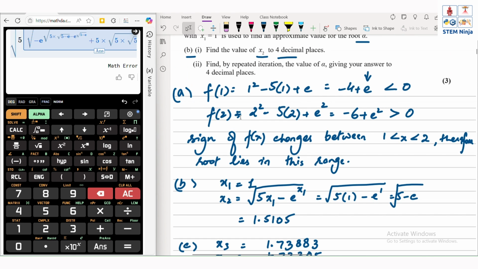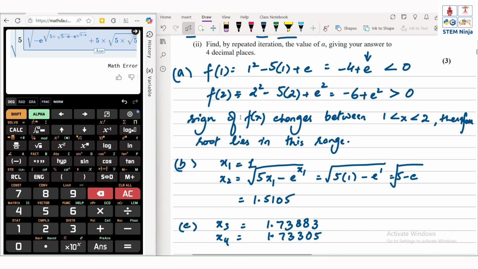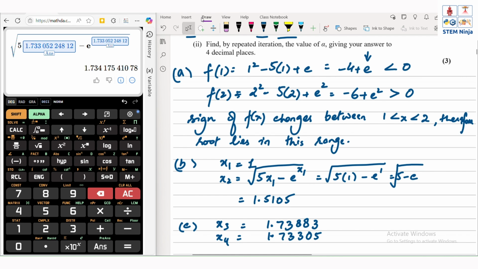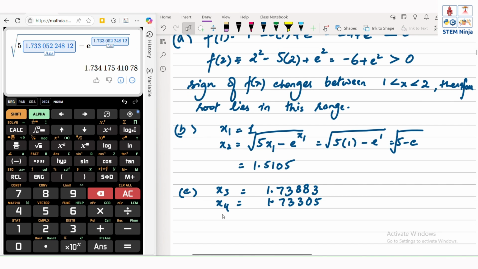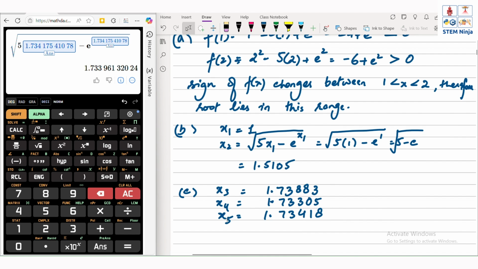Sorry, I made a mistake over here. So x5 would be 1.73418. Keep going.